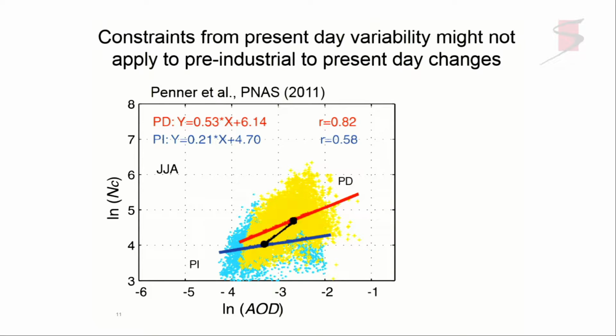Which means that if we happen to be in the pre-industrial and wanted to project forward, well, there's going to be this huge industrialization, what's it going to do to the top of atmosphere radiation? We would get different answers from if we did that in the present day. But moreover, what's also important is if you take the means, which is what Steve's doing, the mean AOD for the present day and the pre-industrial, and look at the actual difference from the present day to the pre-industrial, that has a different slope again.